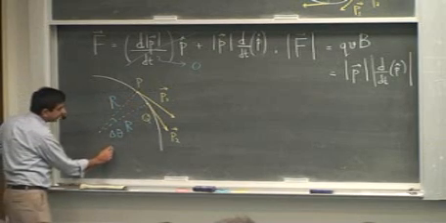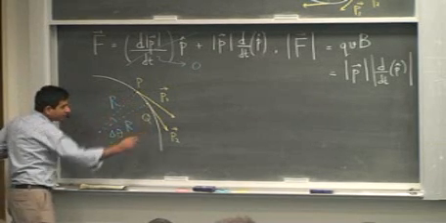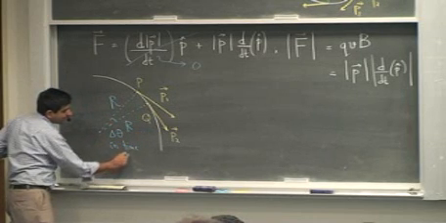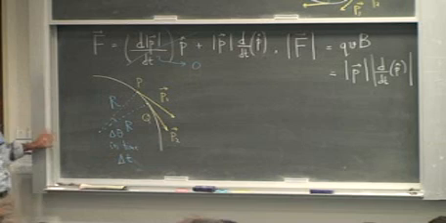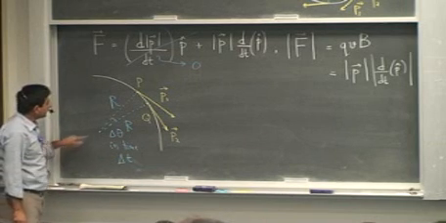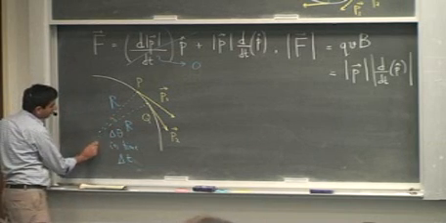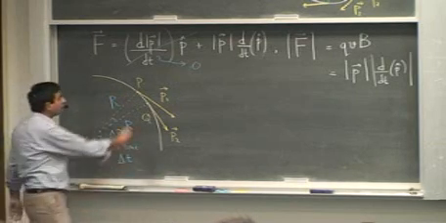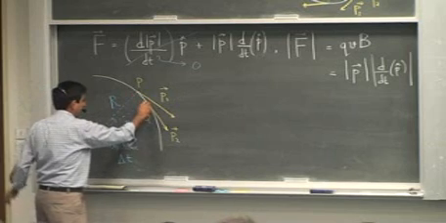Delta theta is the angle through which the object has moved in time delta t. Now if I look at OPQ, I can draw a triangle.